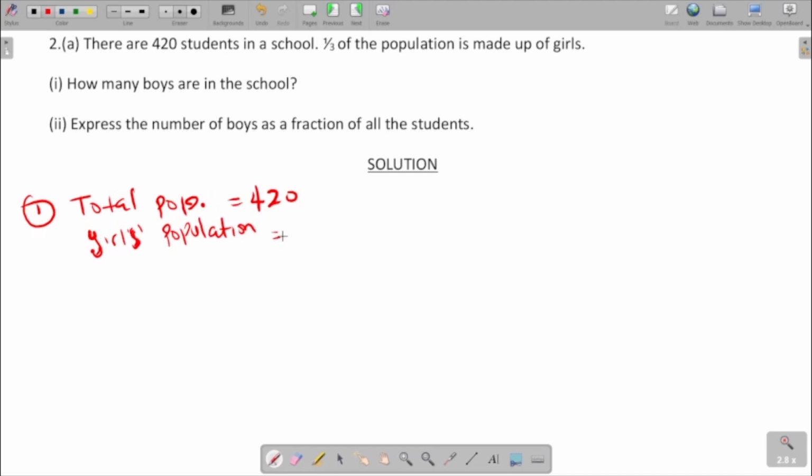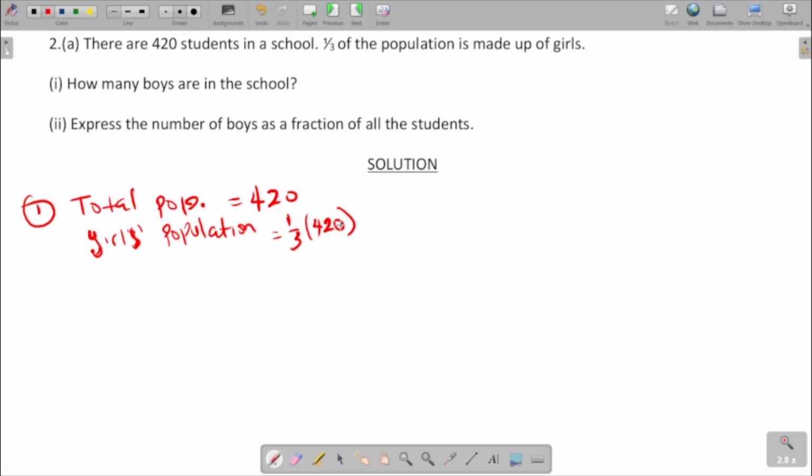One third of the population, 420, is the population of the girls. You are asked to find how many boys are in the school. The first thing is to find the population of the girls.